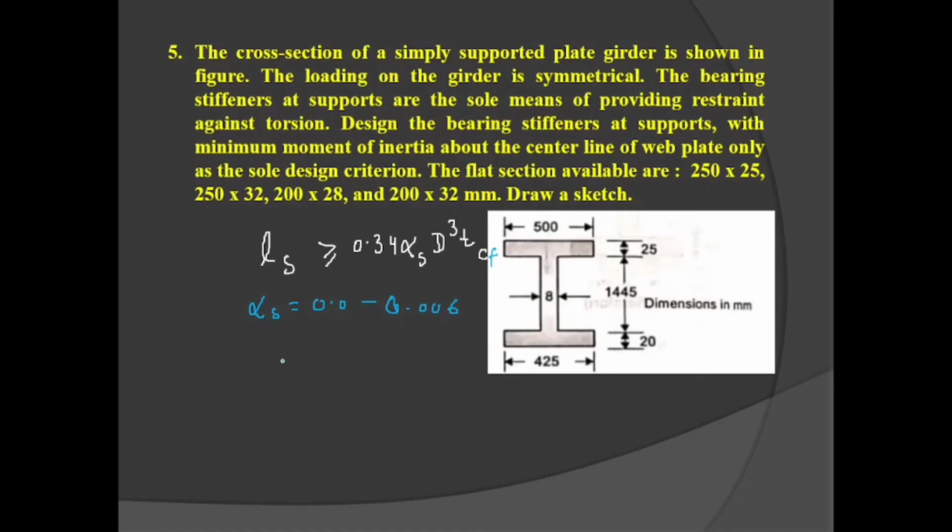If KL by RY is less than or equal to 50, alpha is equal to 0.006; this value is 0 for general cases. Sorry, my mistake, 0.006 if it is less than 50.